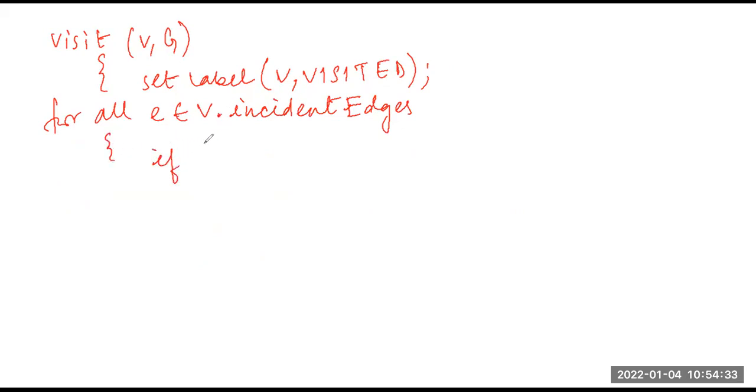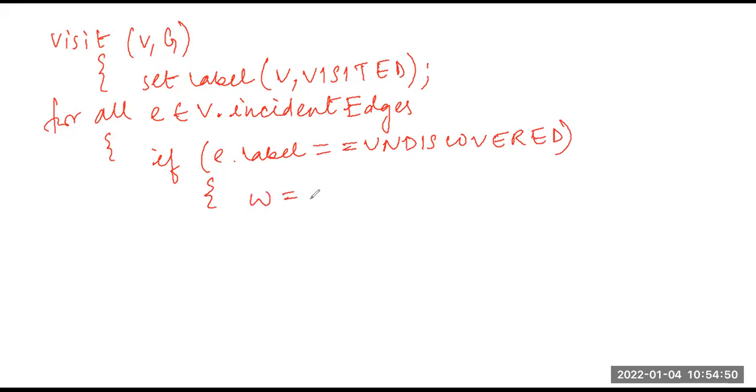If that edge was undiscovered, then I take the adjacent vertex of that vertex as a new vertex. So I am writing it as W.